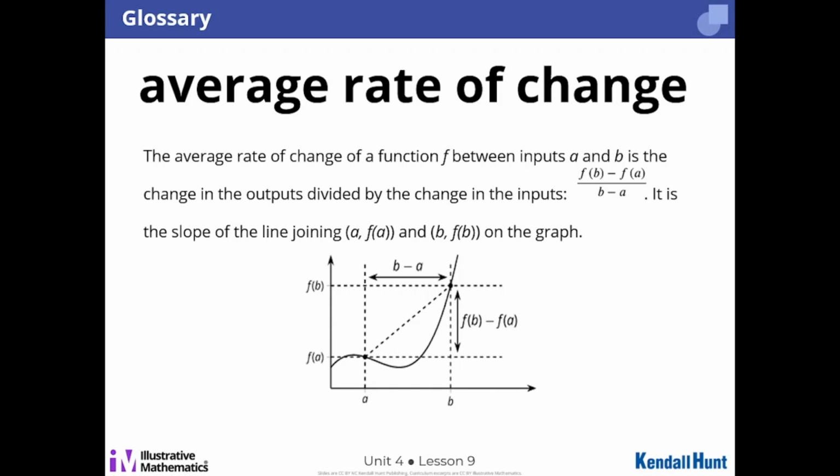So you can pick any 2 points. On the top, you're going to take the second y value and subtract the first y value. And on the bottom, you're going to take the second x value and subtract the first x value. And this is going to give you your average rate of change or your slope.